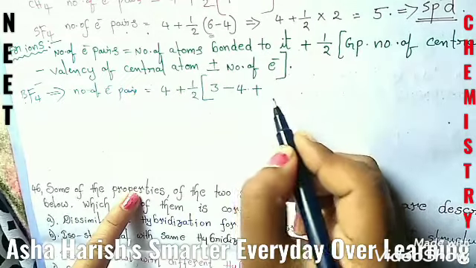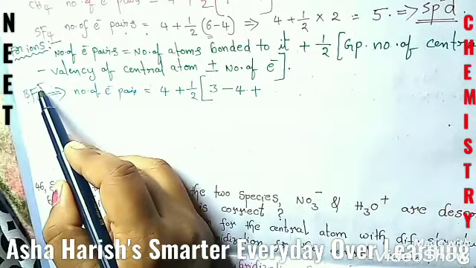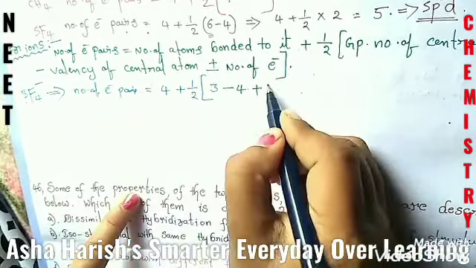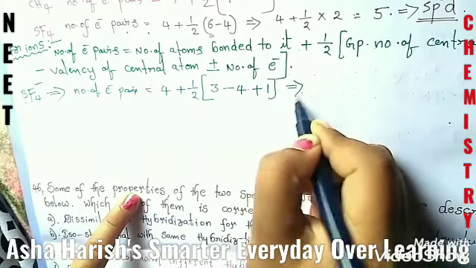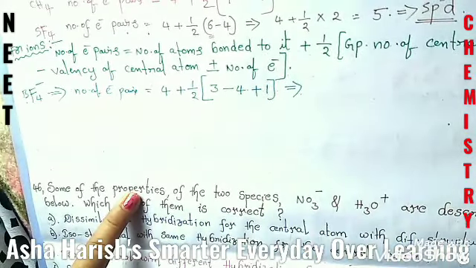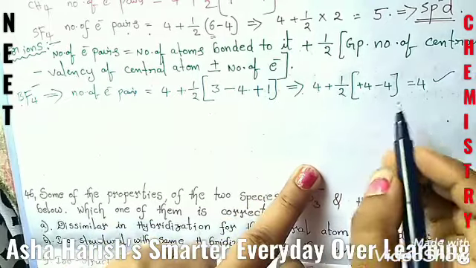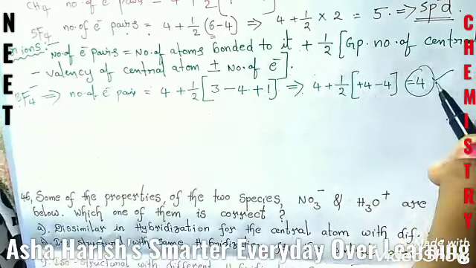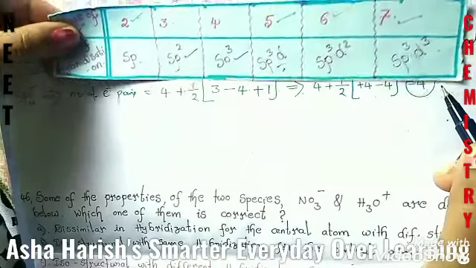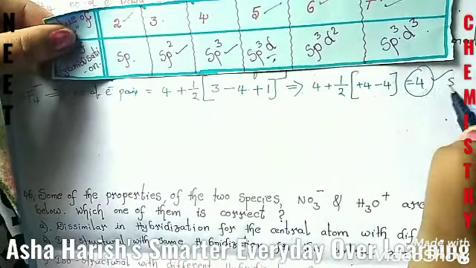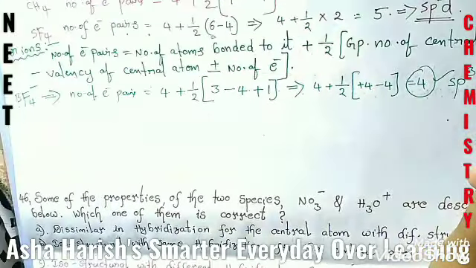Here the number of electrons should be 1, since there is a minus charge. Let's simplify this. The value we get is 4, and if it is 4, the hybridization should be sp3, right?